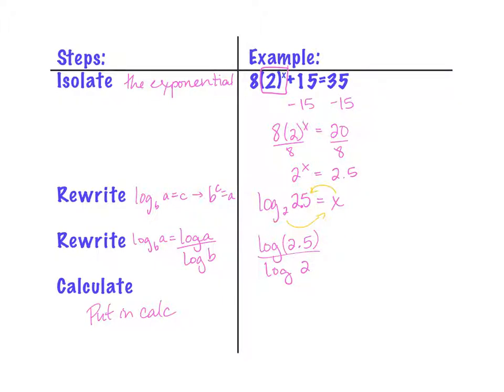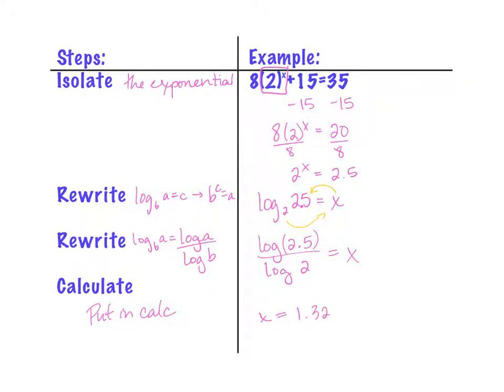So if I put log 2.5 divided by log 2, what I get is, this would equal x. What I get here is 1.32.